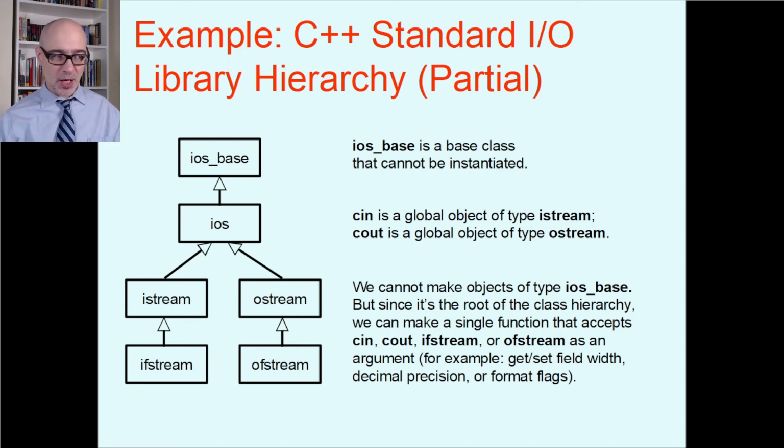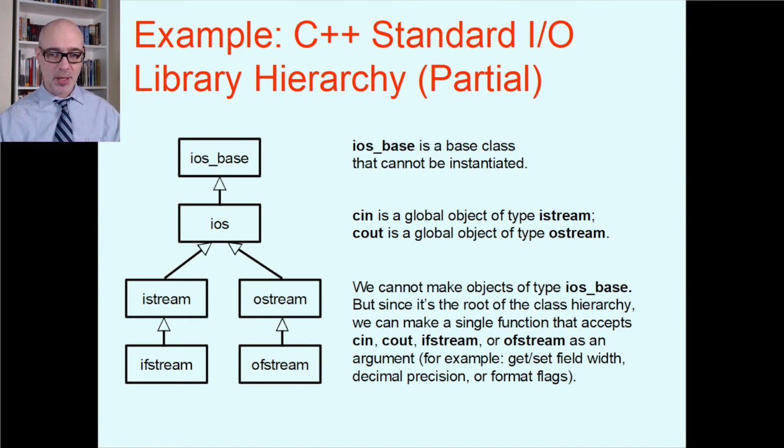As a result, one thing that I could do is make a function that accepts a pointer to an ios_base. Now you can't actually make an ios_base object, but if I make a function that takes a pointer or a reference to an ios_base, then I can pass any of these things into that function. I can pass cin or cout or an ifstream or an ofstream or literally anything that I want in this class hierarchy. And then that one single function can do a job that I need to do.